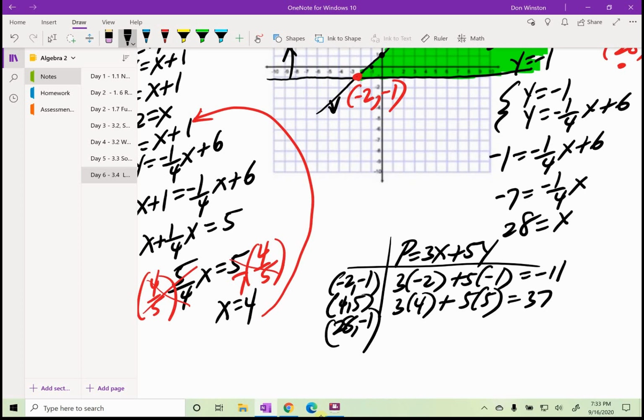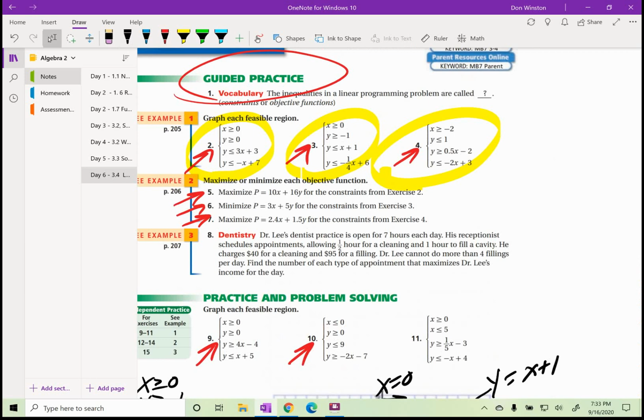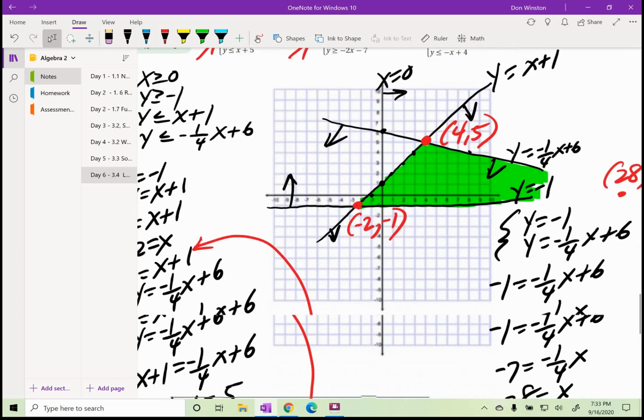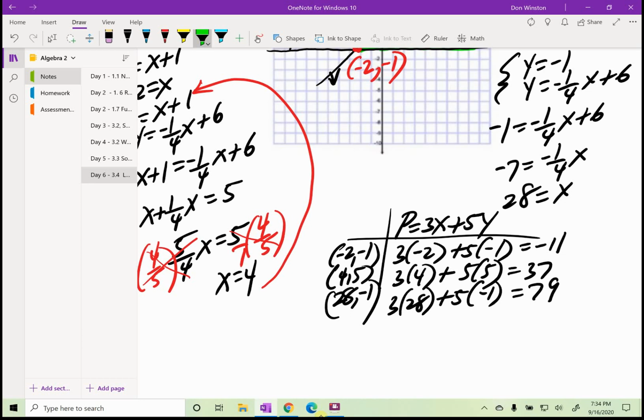Then 3 times 28 plus 5 times -1. 3 times 28 is 84, minus 5 is 79. Now they wanted us to minimize that, right? Yes, minimize. So we would choose the point (-2, -1). All right, so that's what you have to do.